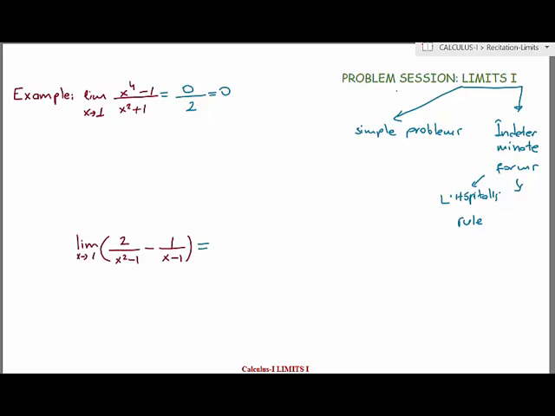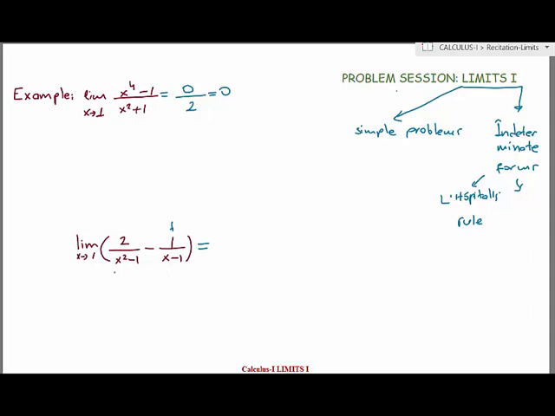If you plug the number 1 in the expression, you have 2 over 0, which is an indeterminate form. And in the second expression, if you plug the number 1 in, you have again an indeterminate form. So we must simplify this expression. But as you see, in the denominator of the first fraction, we have a difference of squares.